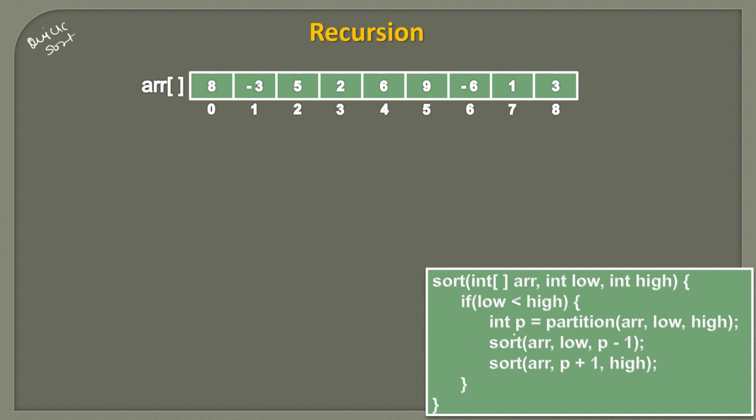One is on the left side of the partition and one is on the right side of the partition. So we recursively call the sort method, which is the same method, from low to p-1, which is the left part, and from p+1 to high, which is the right part. And this happens recursively because the method is calling itself again and again.